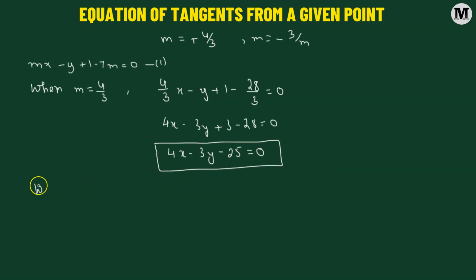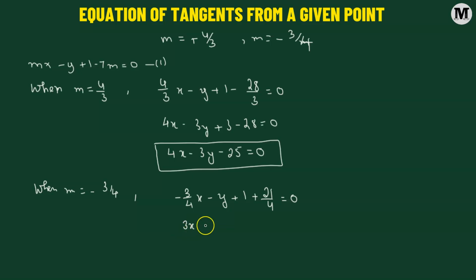And when we choose m to be equal to negative 3 over 4, equation 1 becomes negative 3 over 4 times x minus y plus 1 plus 21 over 4 equals 0. Let's multiply throughout by negative 4.